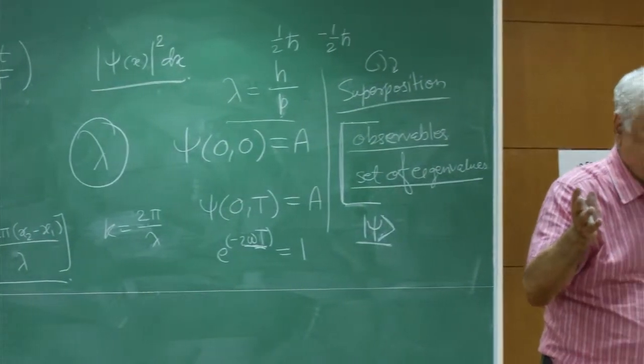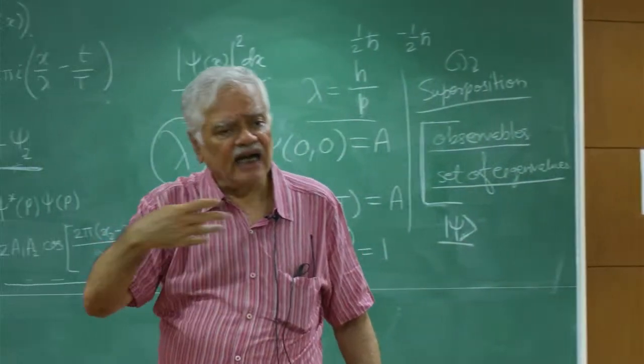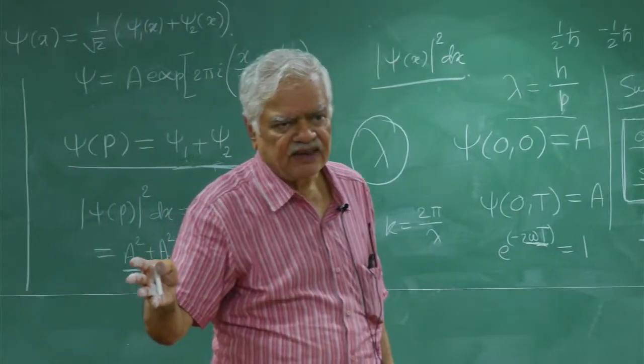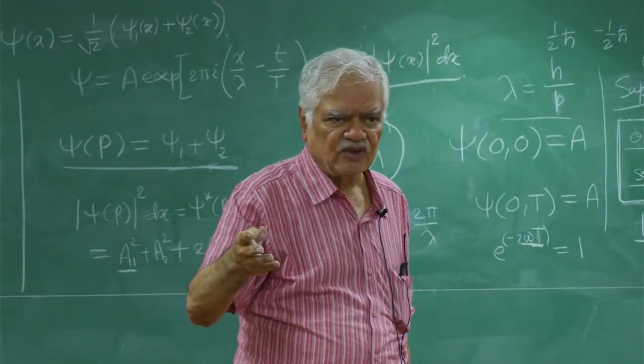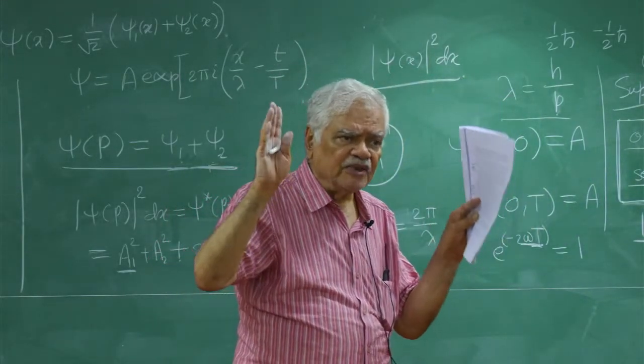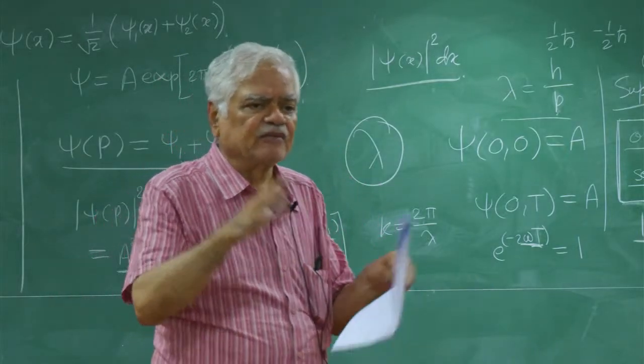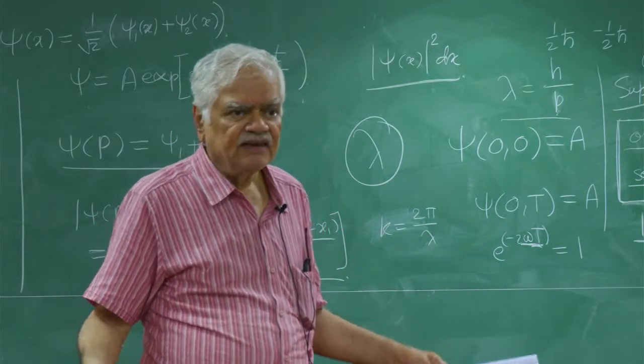If I want to find out the various eigenvalues of energy, I can use it to find that. So if you know psi of x, then you know all the information about the quantum system that you can extract.